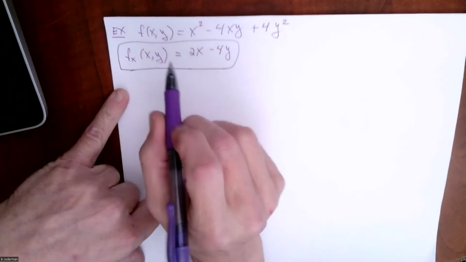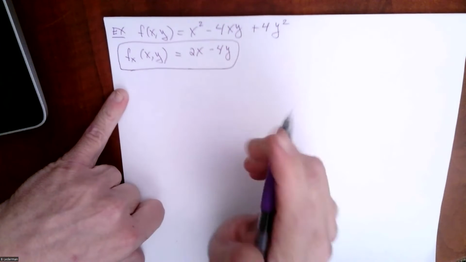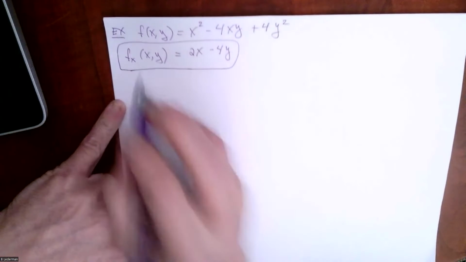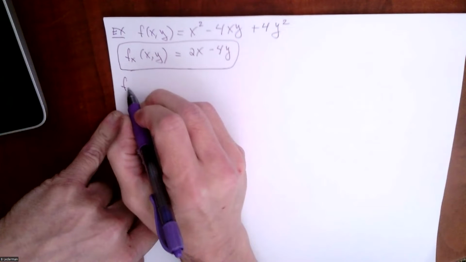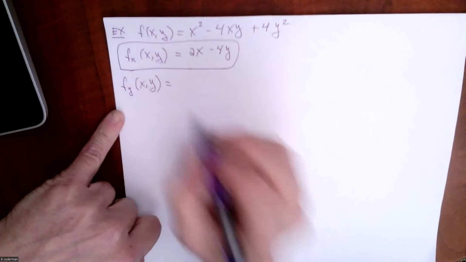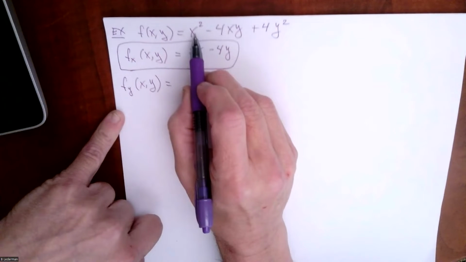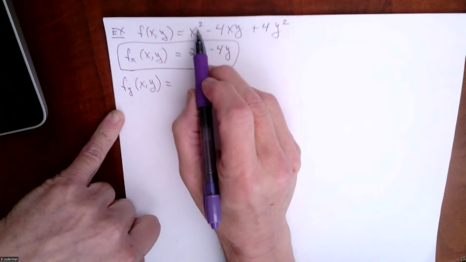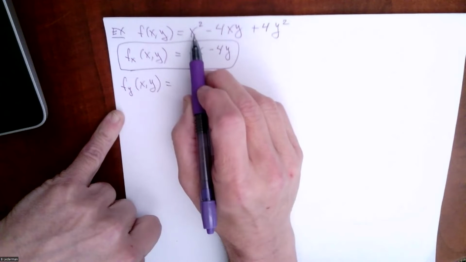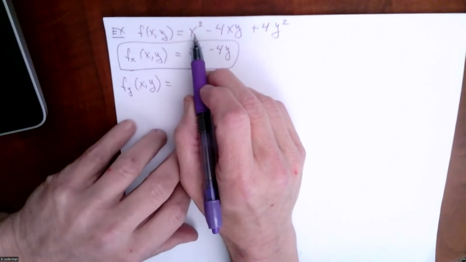Now, suppose I want to do the opposite. I want to treat x like the constant and treat y like the variable. Well, then the way I write it, I write f sub y of x comma y. So now let's go back up to the top. Now, x squared is considered a constant because we're only talking about y changing, with x stuck in one position.